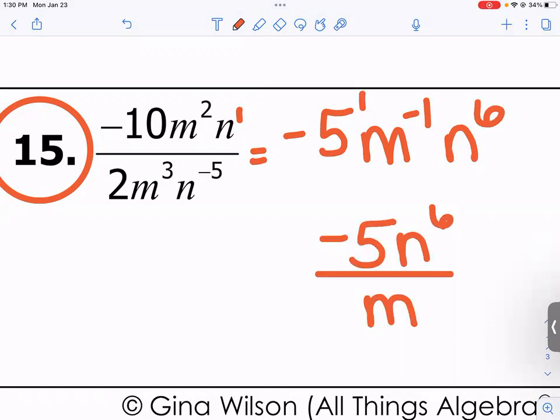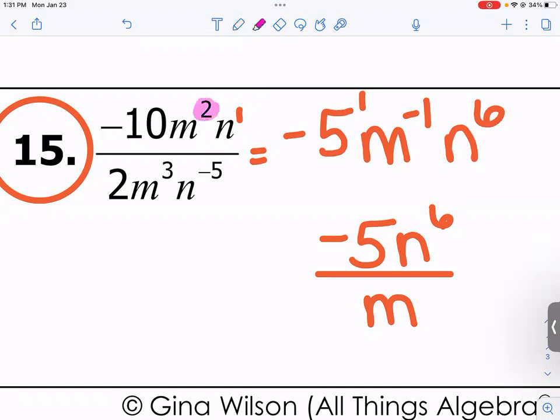Please write out both the work that I showed and the answer. So we take the numerator minus the denominator.